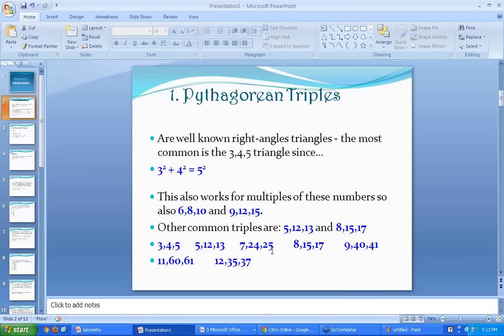So 3, 4, 5, 5, 12, 13, 8, 15, 17, 7, 24, 25, all these are Pythagorean triplets, and if you solve maybe 200 questions, you will get say 25 to 30 questions which will directly, if you know these, you will get them correct.